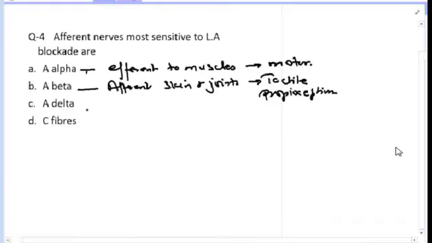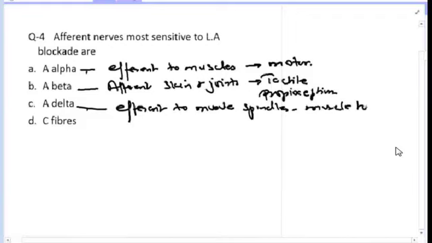Then A gamma fibers are efferent to muscle spindles, and they basically mediate the muscle tone.